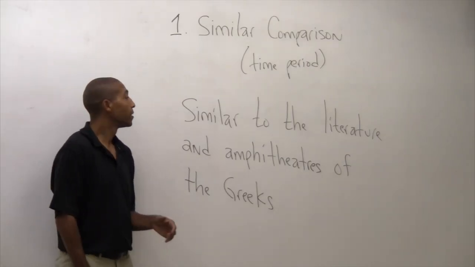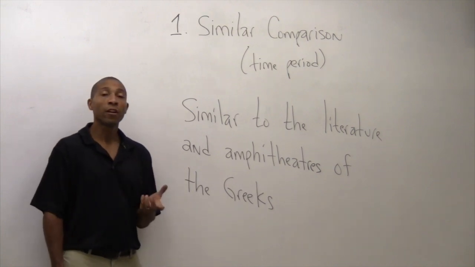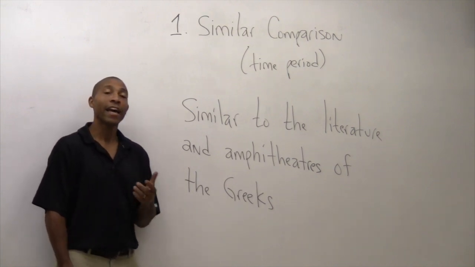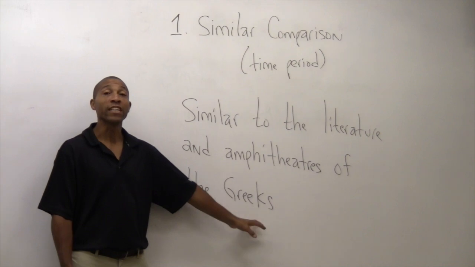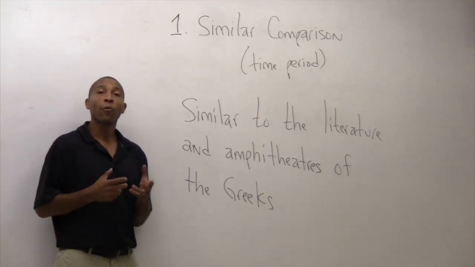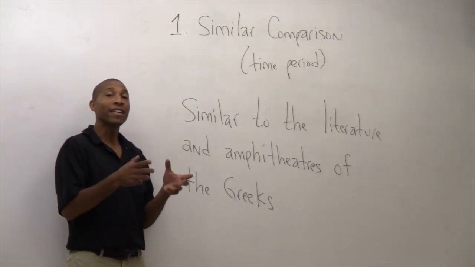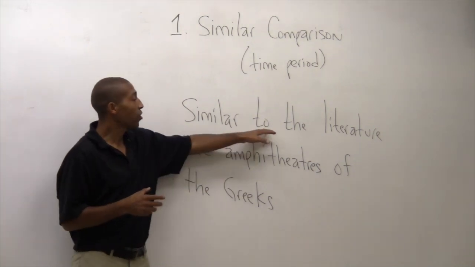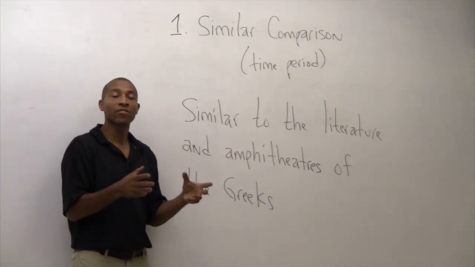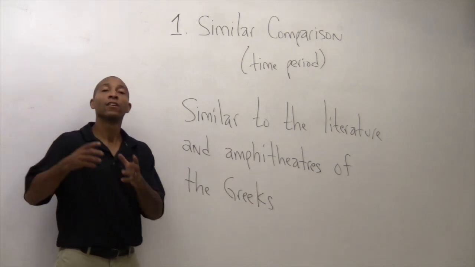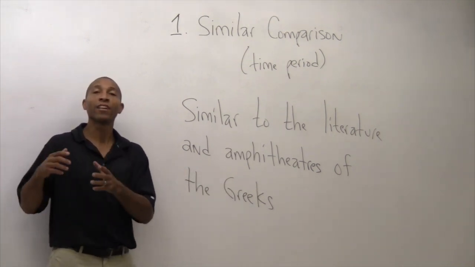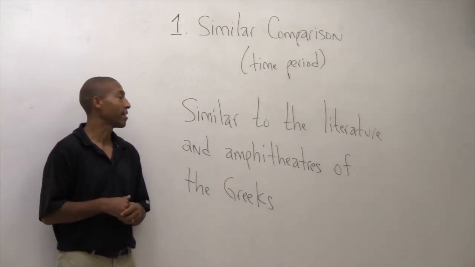For example, we could write "similar to the literature and amphitheaters of the Greeks." Here, we're making the analogy that the Greek civilization had social aspects that were unmatched during its era, similar to the Persians during its era of the Mesopotamian civilizations.